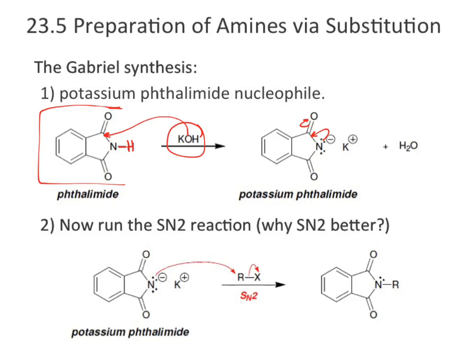We're looking for minimal steric hindrance within this. Because if we opened it up with, say, a secondary or a tertiary alkyl halide, what could potentially happen? Okay. I'll draw one out.